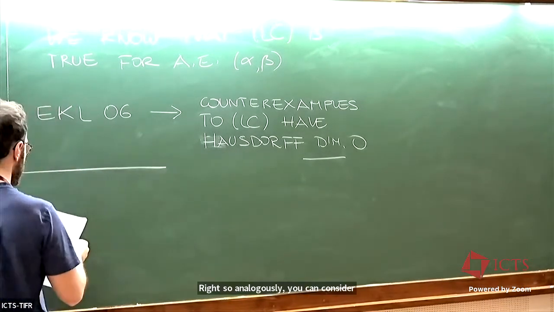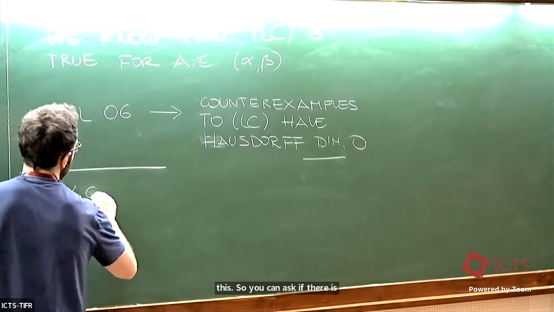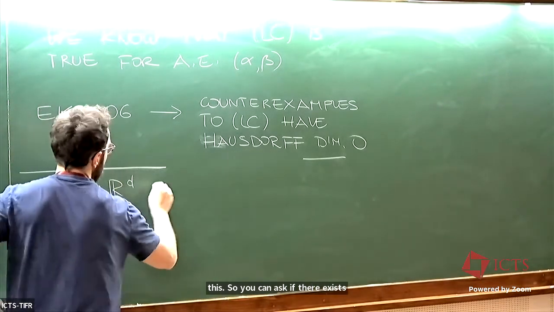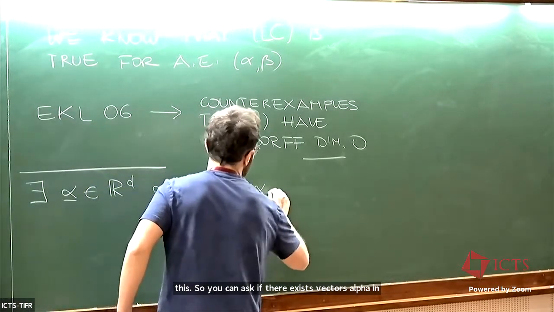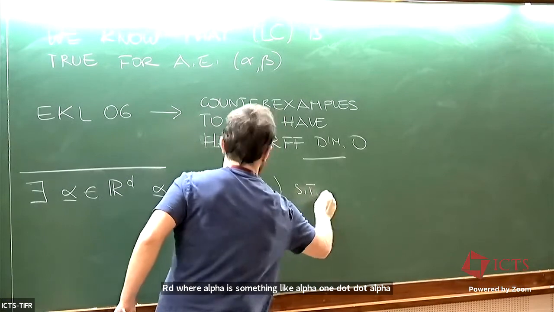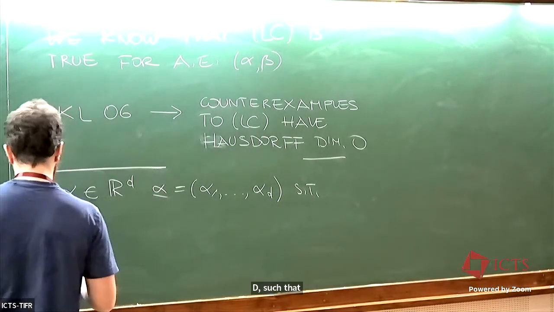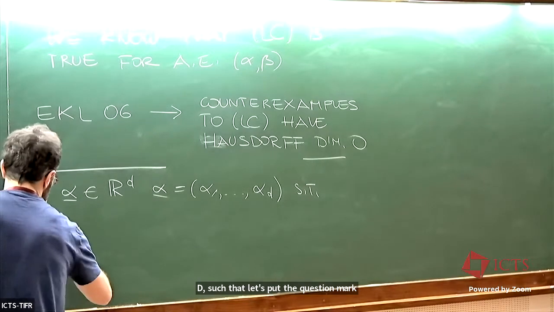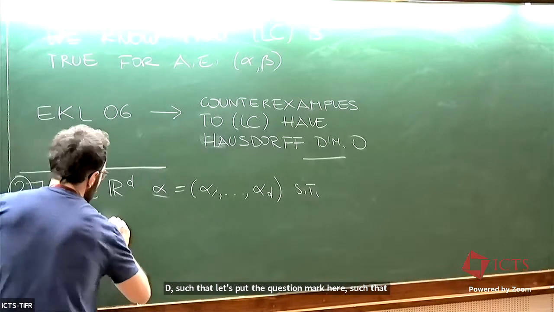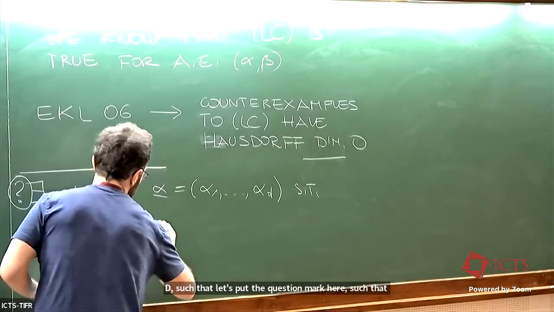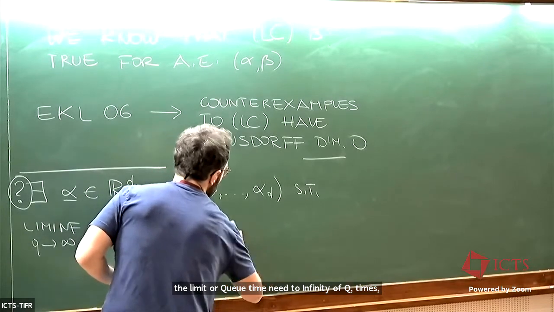You can ask if there exist vectors alpha in R^d, where alpha is something like alpha_1 up to alpha_d, such that, let's put a question mark here, the limit for q tending to infinity of q times the fractional part of q alpha_1 up to the fractional part of q alpha_d is positive.